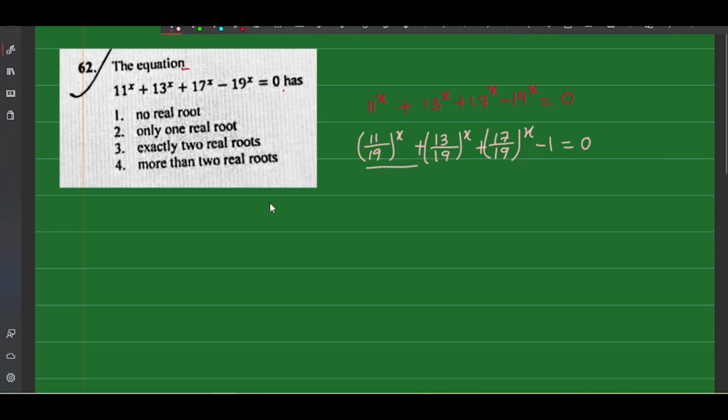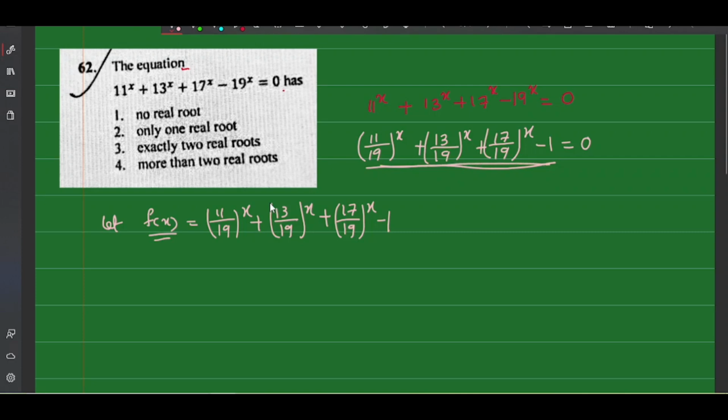Now consider the LHS of this equation and let f of x be equal to (11 by 19) raised to x plus (13 by 19) raised to x plus (17 by 19) raised to x minus 1. Then the zeros of this function will be the roots of this equation.